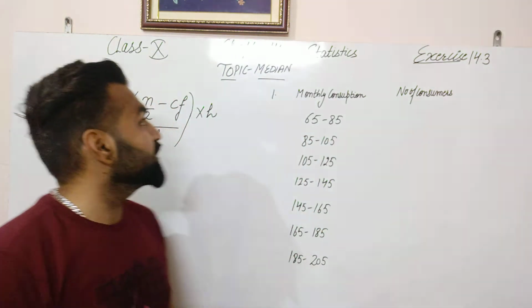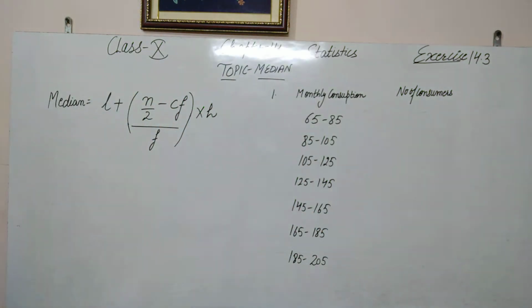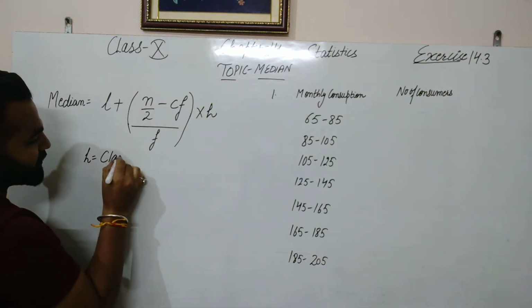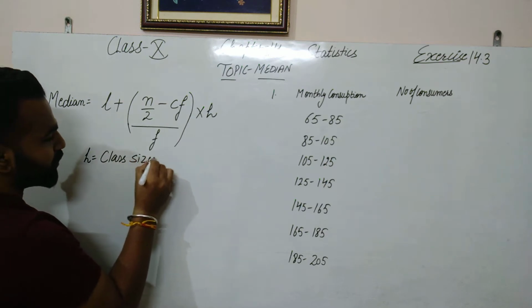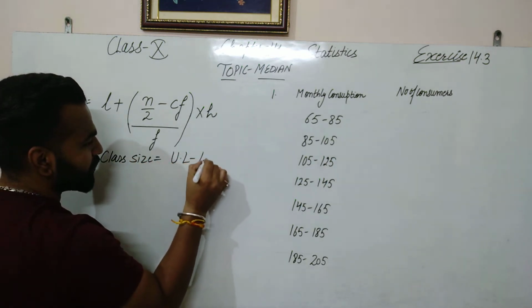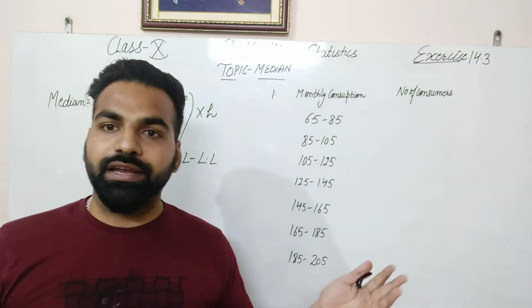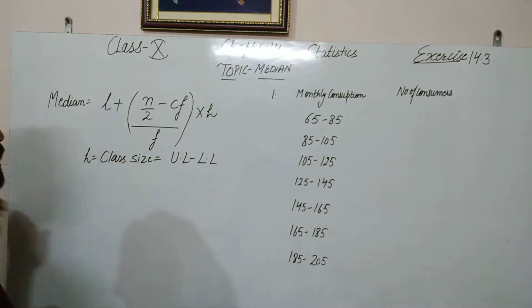So let us discuss now what these terms actually mean. So first is H. We know that H is class size, which is equal to upper limit minus lower limit. H is same throughout in all the methods, mean, mode, median. Clear?